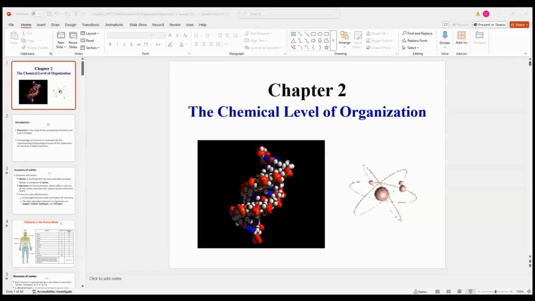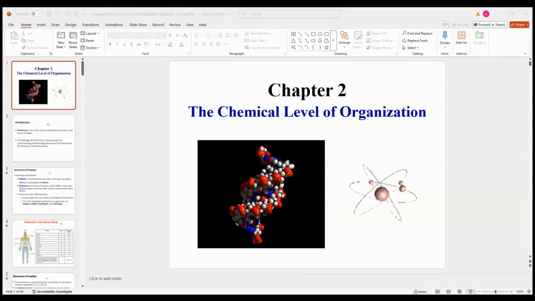Because these electrons spend more time around the oxygen than around either of the hydrogens, the oxygen end of the molecule is said to be weakly negative, and the hydrogen end of the molecule is weakly positive. That's what this weird symbol means. That's the Greek lowercase letter delta.